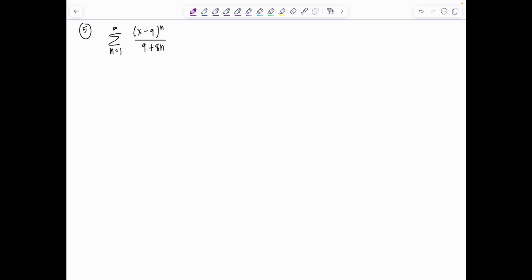So we're going to do the ratio test. Here we have the limit as n goes to infinity of the absolute value of (x minus 9) to the n plus 1 over 9 plus 8 times (n plus 1), times 9 plus 8n over (x minus 9) to the n.